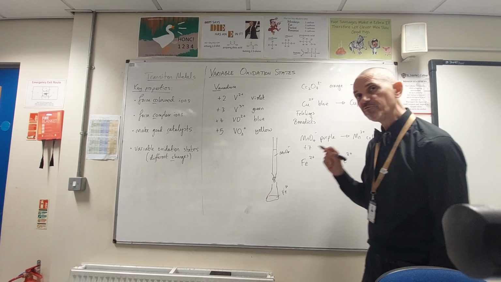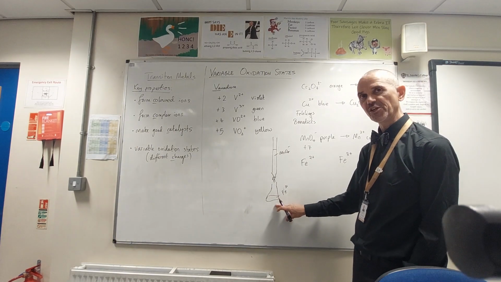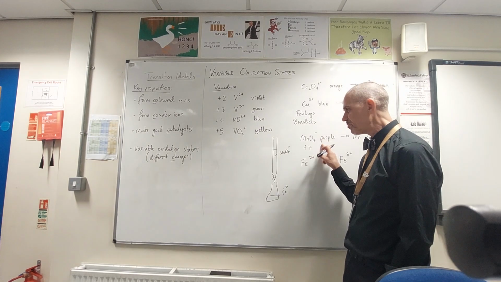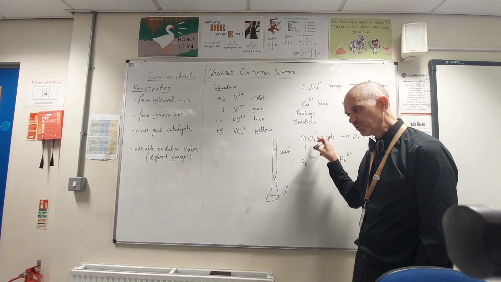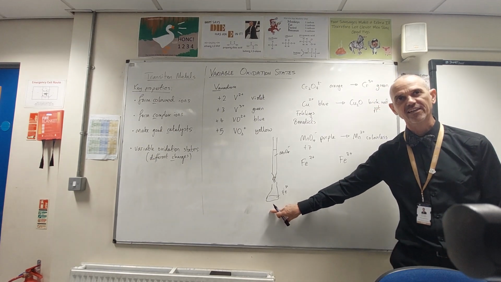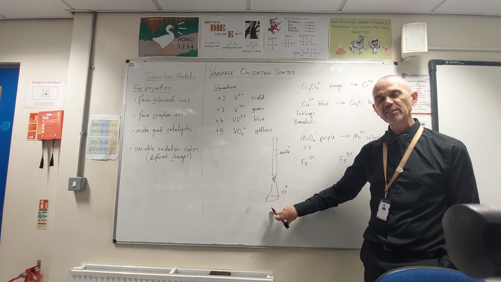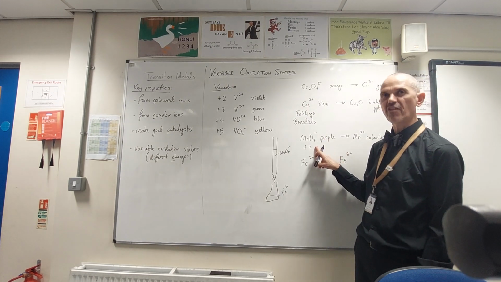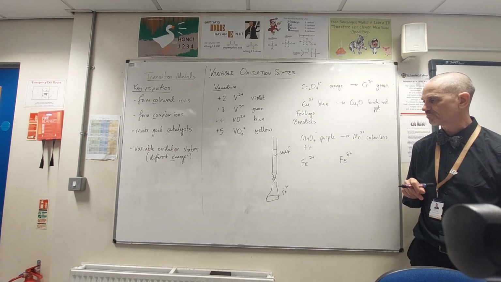But the first drop of permanganate that you add that isn't reduced will stay purple, which will make the solution go pink. So that permanent pink colour is the end point of your titration. It's not because Mn2 plus is pink, it's because you've got a very dilute permanganate solution.